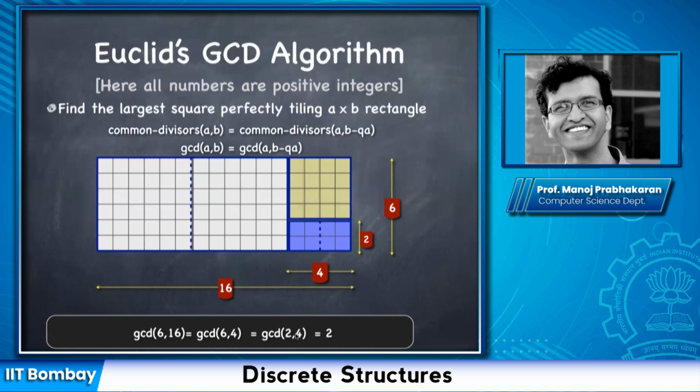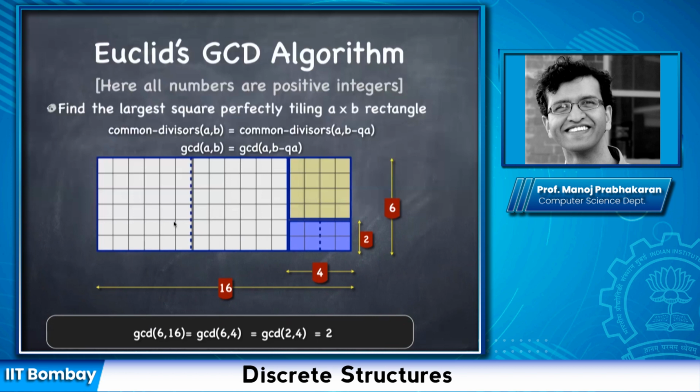And in fact, this algorithm that lets you compute this 2 tells you a little bit more about 2. So let's see how we got this 2. By the way, once you have this 2 by 2 square tile that can tile this one, it can also tile this one because it's the same side here. And since it can tile this one and this one, it can tile this entire side, and therefore it can tile this square, and so forth.